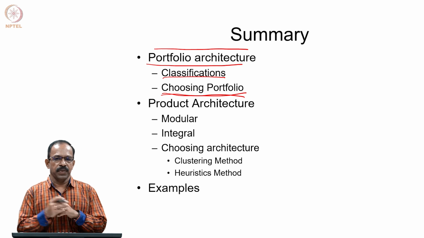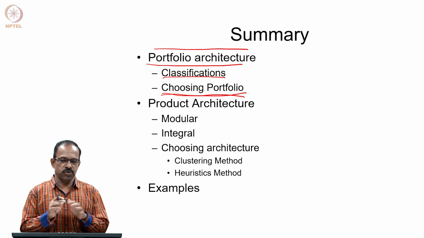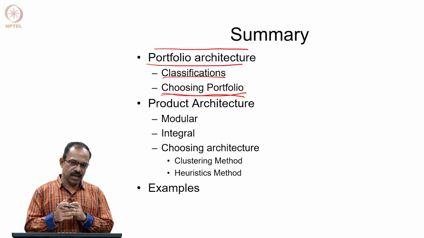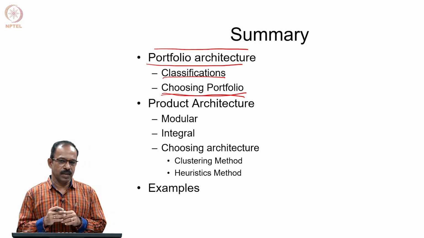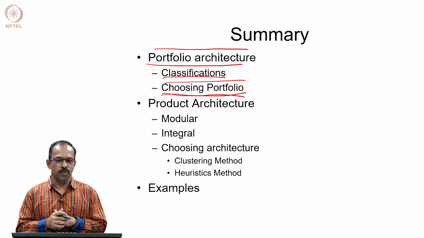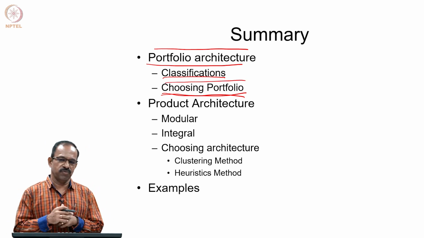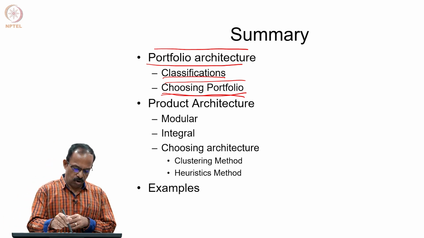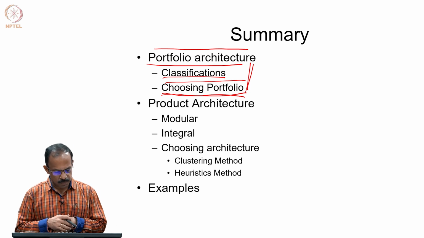By looking at the population distribution as well as the segment distribution, we will be able to identify the changes needed within the products, and therefore we will be able to identify a portfolio based on that. So, how many products to be offered and how these products should be architected can be obtained in this case.